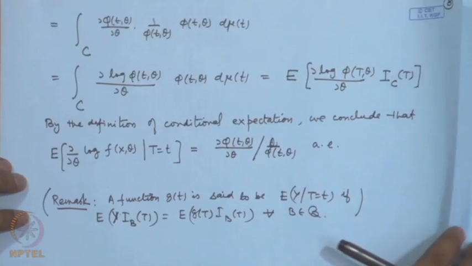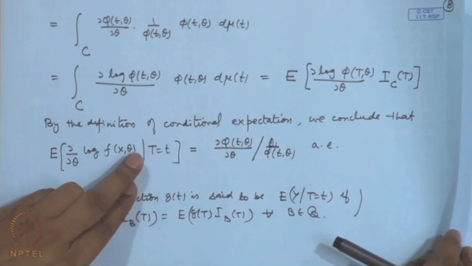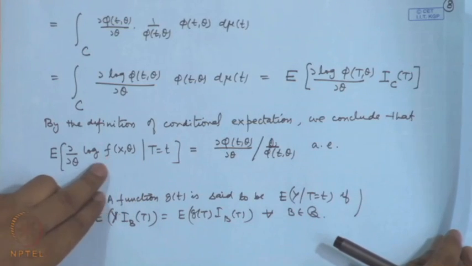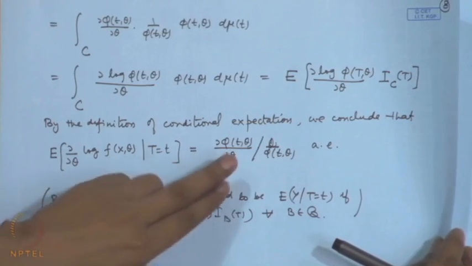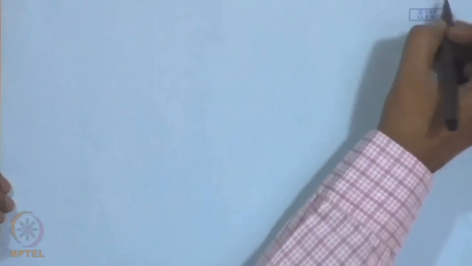What we have done is establish a relationship in the log likelihood, or you can say the information content term, in the density of the sufficient statistic and the original variable.